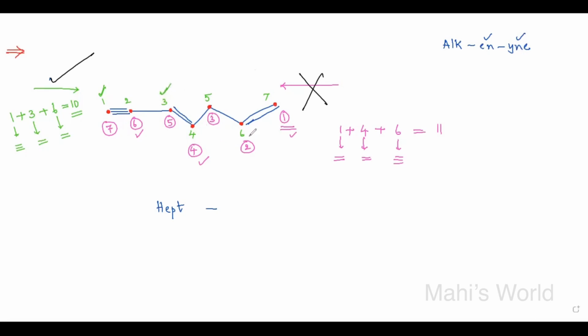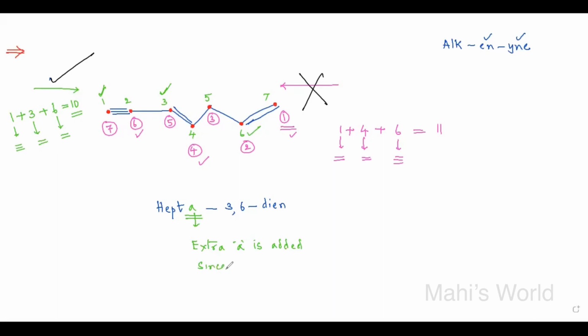One double bond is after third, another double bond is after sixth. So let me write 3, 6 di en. Because I have given 2 numbers, I have to say di. But the interesting part is because there are more than one double bonds, extra a has to be added. Instead of simply writing hept, extra a is added.